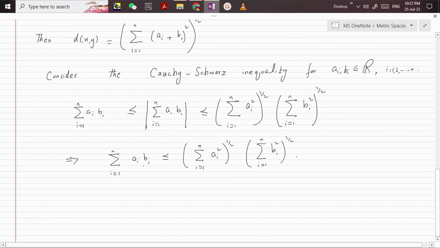Now we multiply by 2 on both sides. We can do it. Then what we do? We can add and subtract this number.